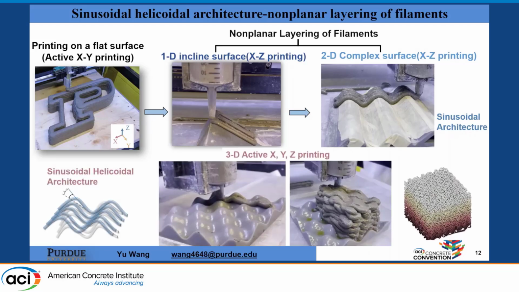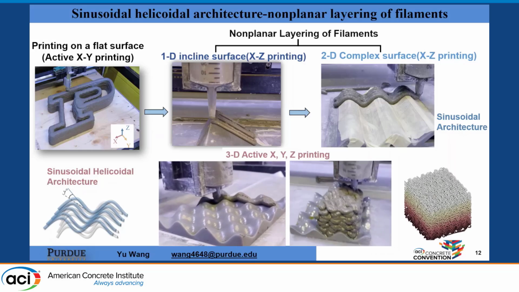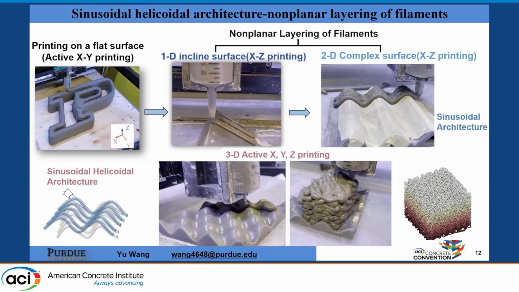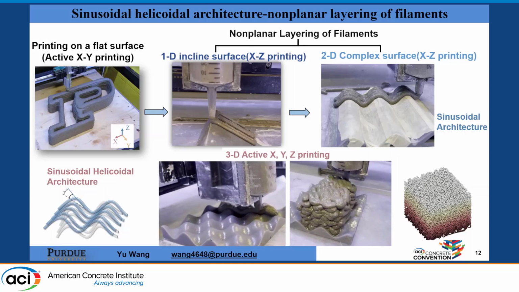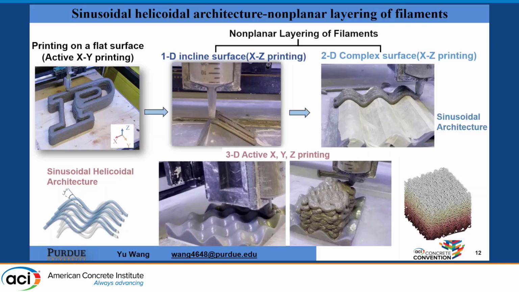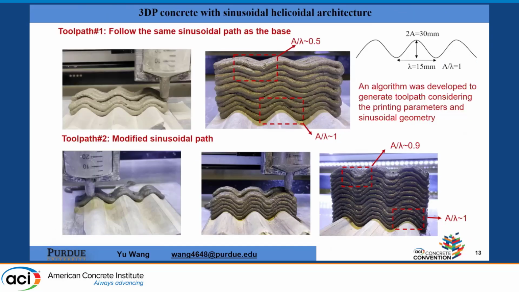Then we got another two-way sinusoidal support, because this enables us to twist without influencing the overall printing quality. We can only achieve the sinusoidal helicoidal by using the two-way sinusoidal support. And in how we design it, if we only follow the sinusoidal two paths, which is the top study, you can see we sacrifice the overall sinusoidal shape.